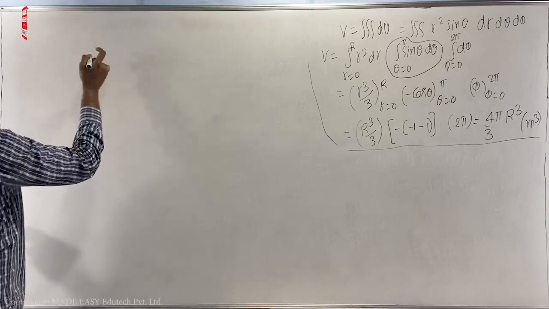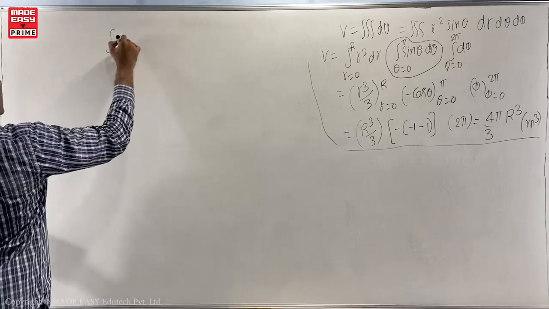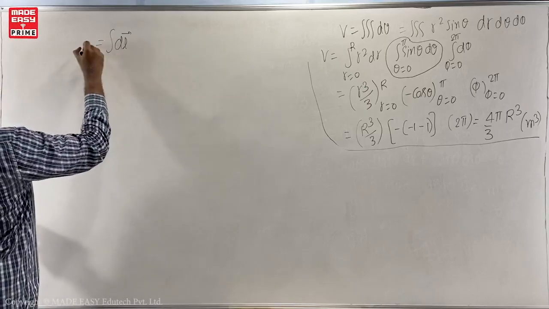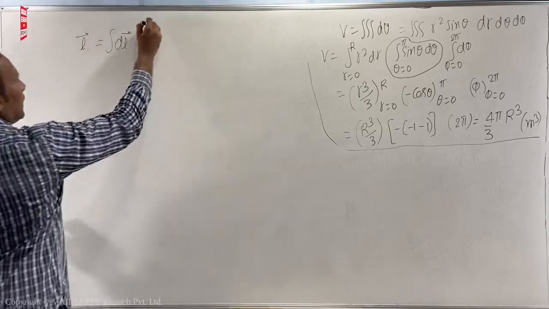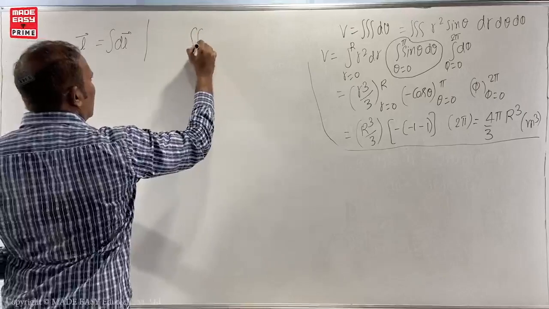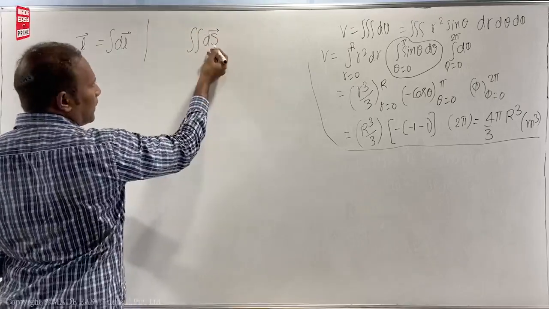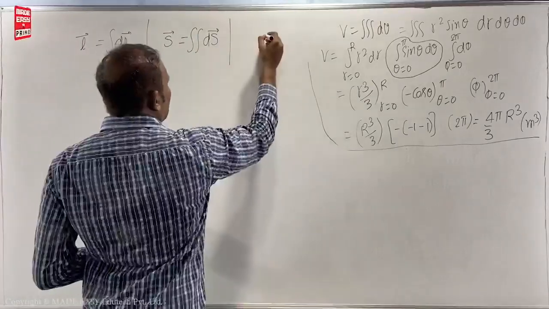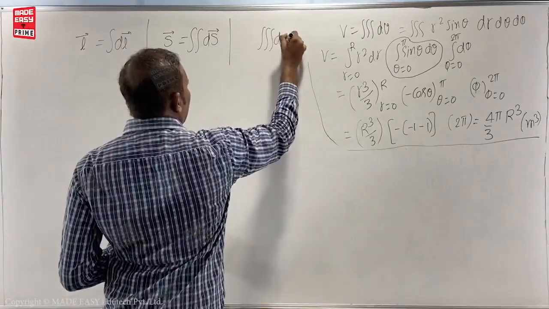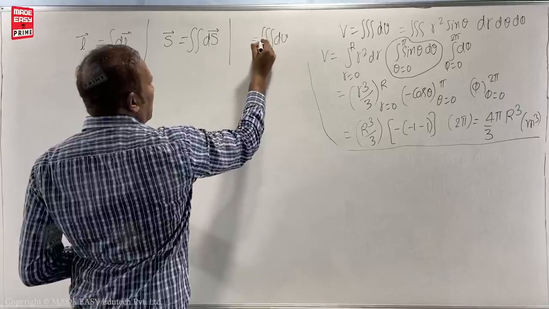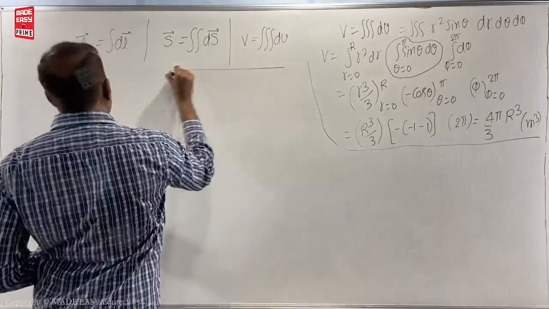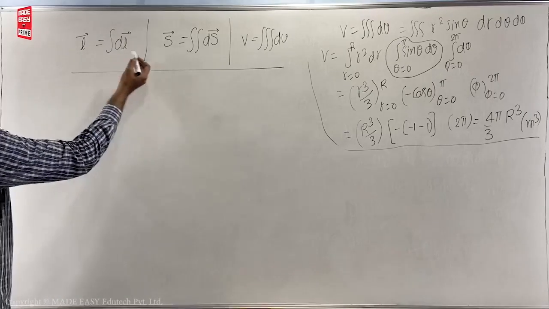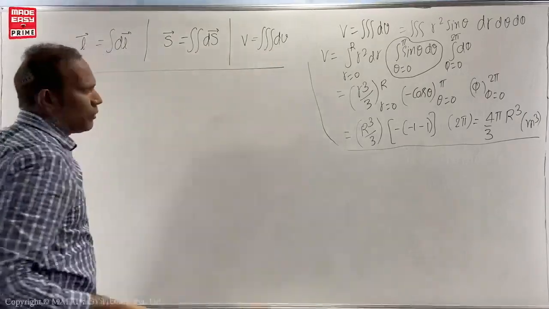So integral dl bar: integral means the sum of differential vectors gives the length vector, the bigger length vector. Double integral ds bar: why double integral? Because two variables are there. Then you get a surface vector, the total surface vector. Triple integral dv means differential volume, then integrate that, you get the bigger volume. So these are the equations: line single integral, surface double integral, and volume triple integral.